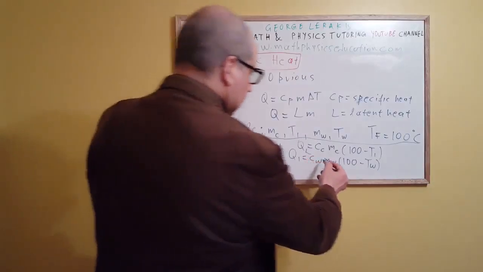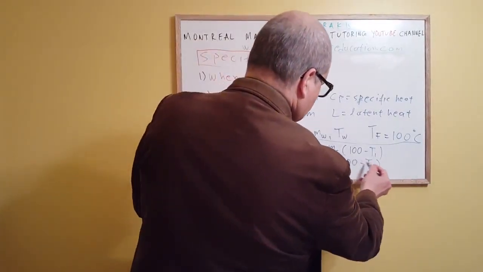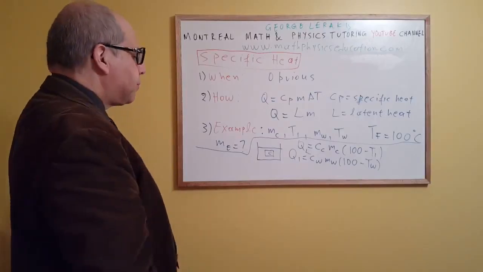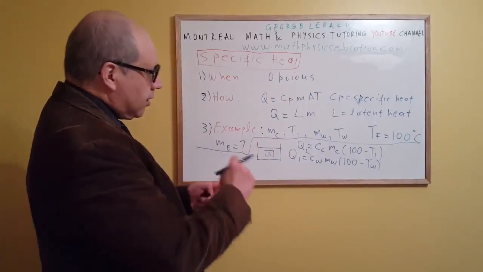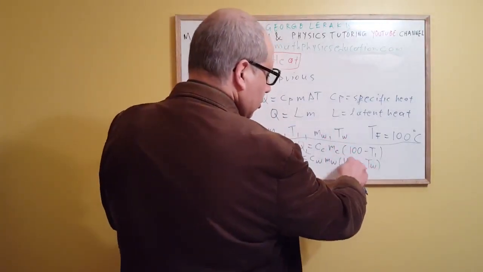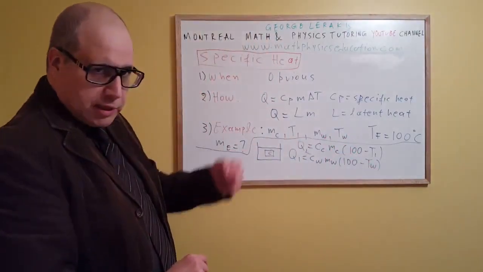And of course this is positive, because 100 minus TW is a positive number. So that's in order for the water to go from the temperature TW to a temperature of 100 degrees Celsius.